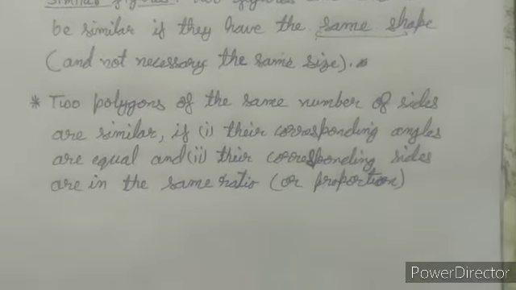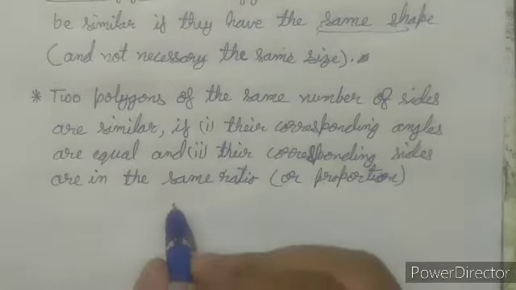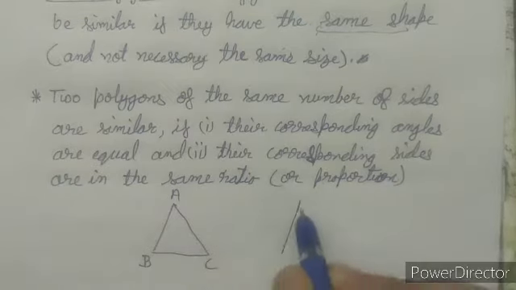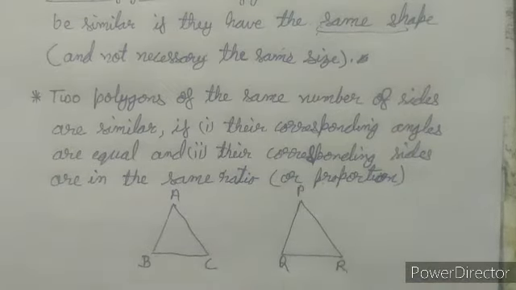Now suppose there are two triangles, one is triangle ABC and another one is triangle PQR.